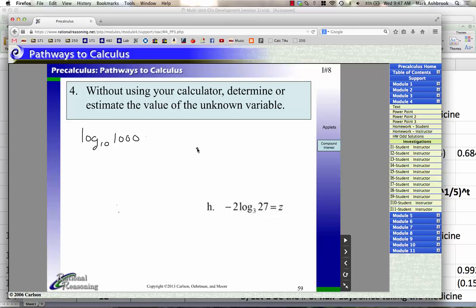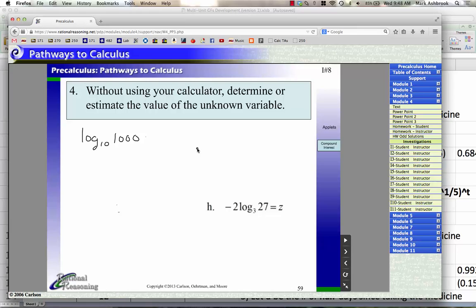I heard 2. I heard 100. I heard 3. What do you do first? Just humor me. What do you do first? You write it out in words. Or just say it in words. What is it?